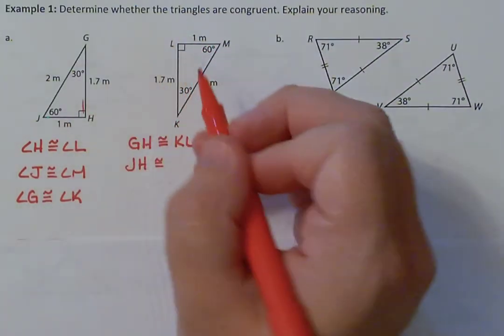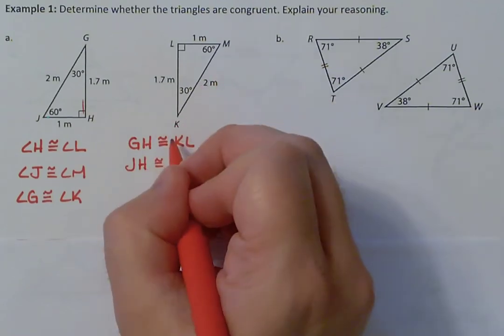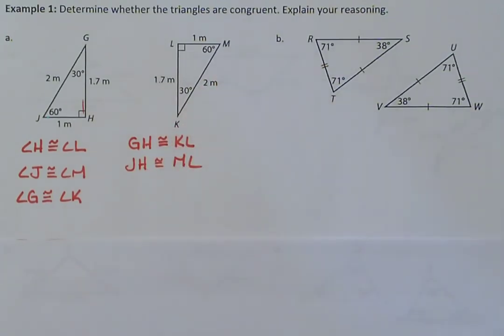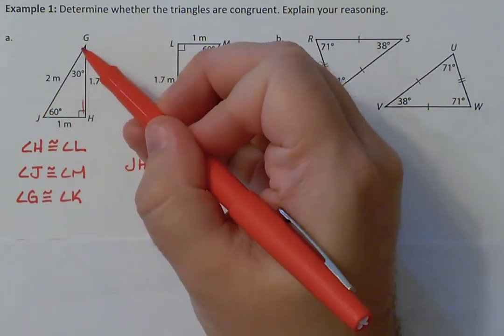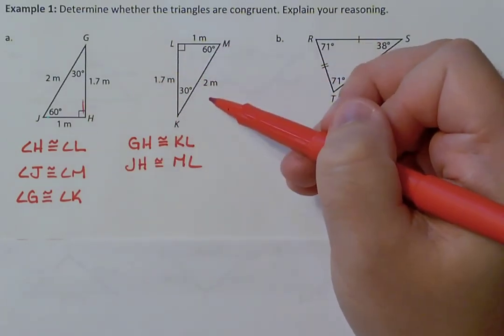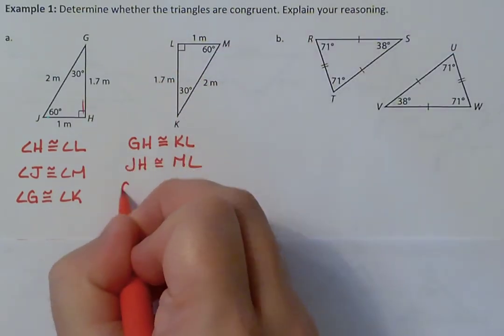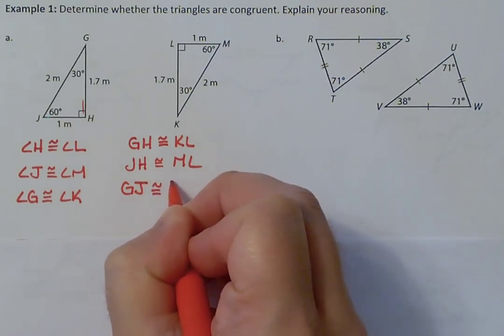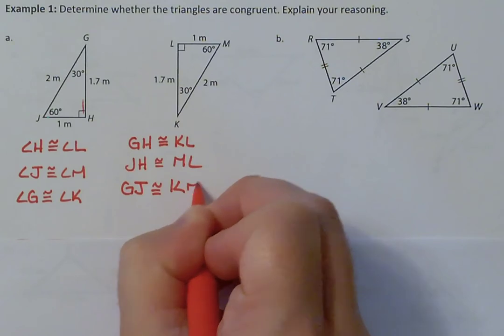So I know that JH and LM, or ML, are the same measure, so they're congruent. And then lastly, GJ is 2, and I know that KM is also 2. So that means GJ is the same measure as KM.